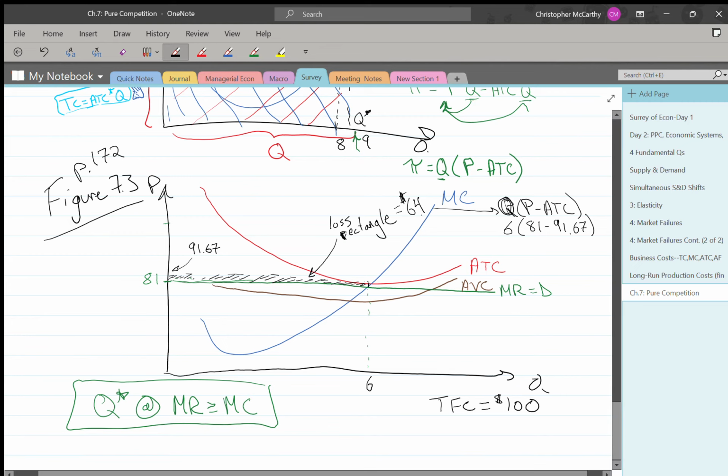So if we're losing $64 here, and the alternative is to produce 0 and lose $100, the loss of $64 is actually preferable because negative 64 is greater than negative 100.